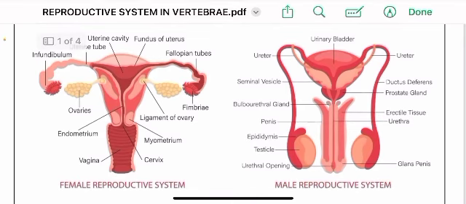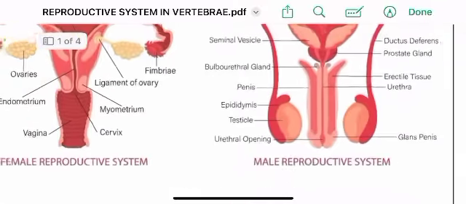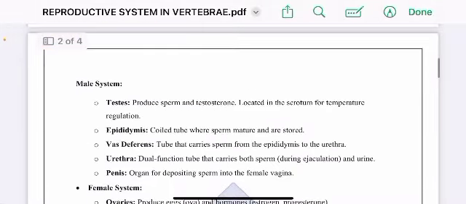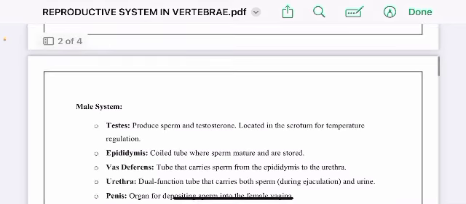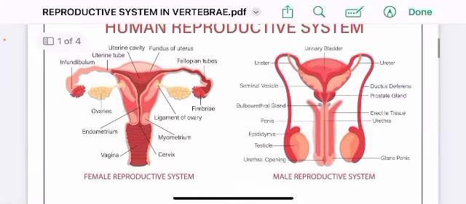Can you see it here? The epididymis is the coiled tube where the sperm mature and are stored. We have the vas deferens, which is the tube that carries sperm from the epididymis to the urethra. Let's go back to the diagram.